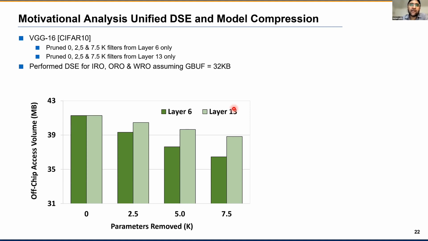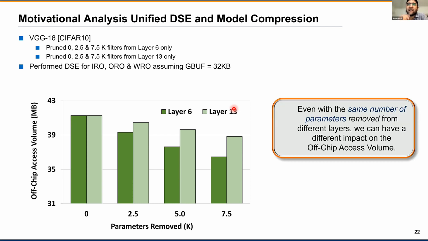And what we see here is even more interesting: even with the same number of parameters removed from different layers, we can have a different impact on the off-chip access volume. So this is very interesting, and again it gives us motivation that our layer selection for the pruning should be guided by the design requirements.